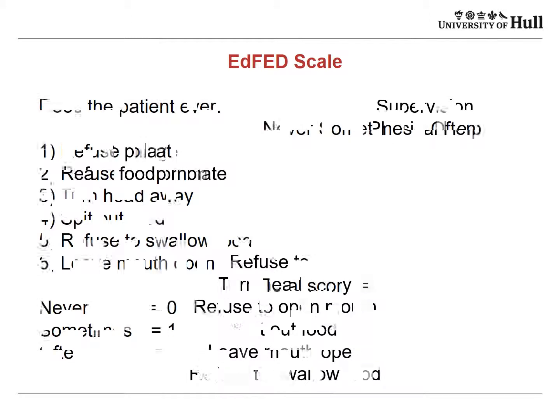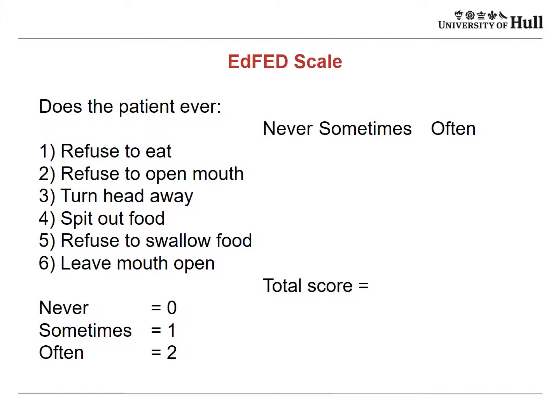So the EdFed scale has these items scored never, sometimes and often. I think we'll agree that if people score never for all the items, the score is 0, and we know exactly which items have been scored because there is no other possible combination. And likewise, if we have a score of 12, we know that all of the items have been scored positively at 2.